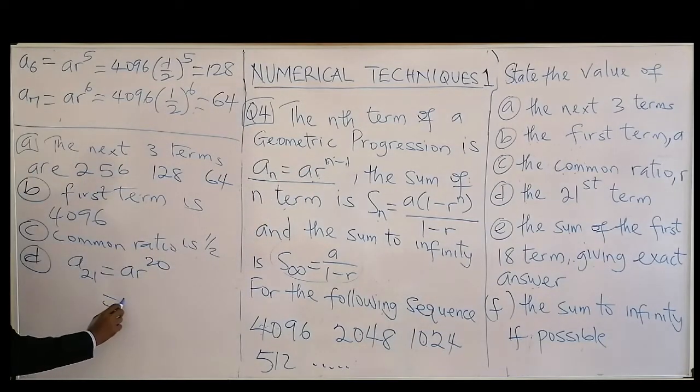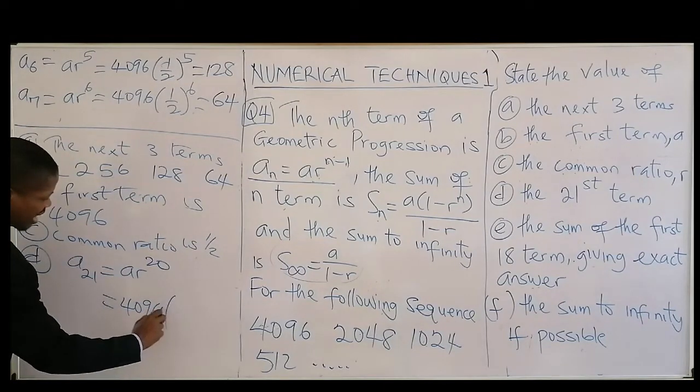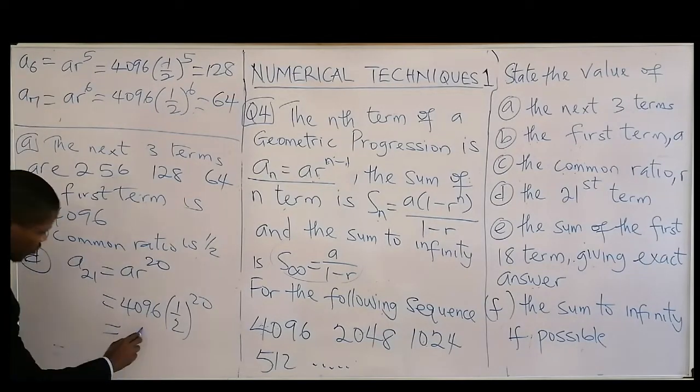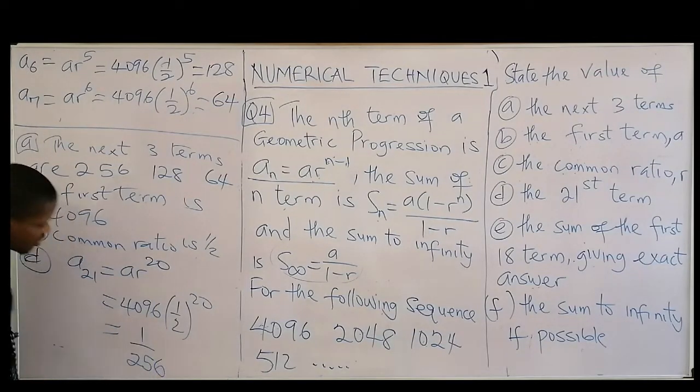A is 4096 times half to the power 20. That's 1/256. That's the 21st term.